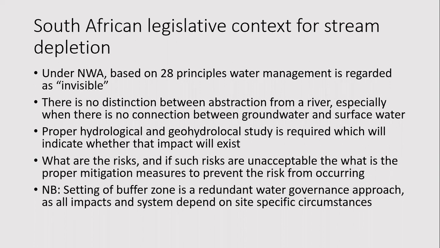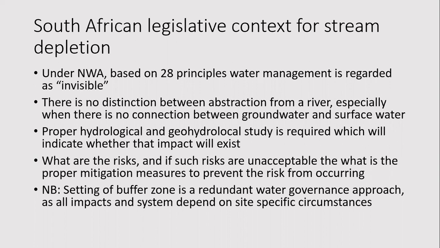I can't say, okay, if we drill a borehole greater than 2,000 meters, then it won't cause any effect on our stream, because that 2,000 might work in one system or in other areas, but it won't work in other areas because geology is different.